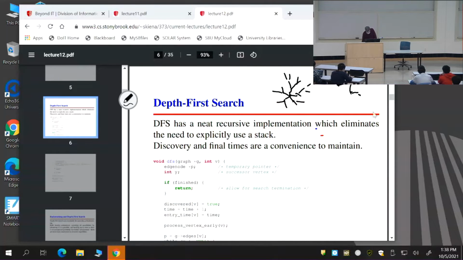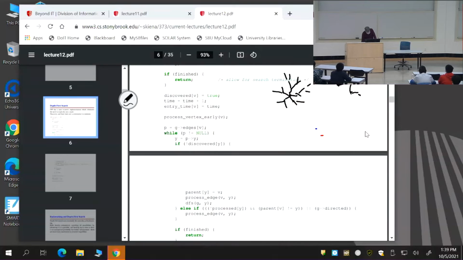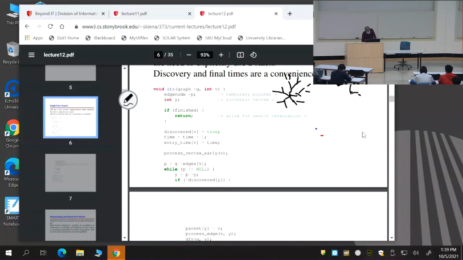Here is a recursive implementation of depth-first search, and I want you to look at this pretty carefully. Let's blow this away. What does depth-first search do? We are given a graph and a starting vertex.